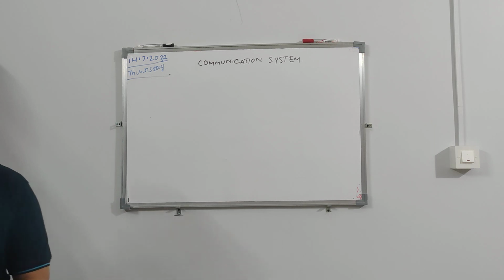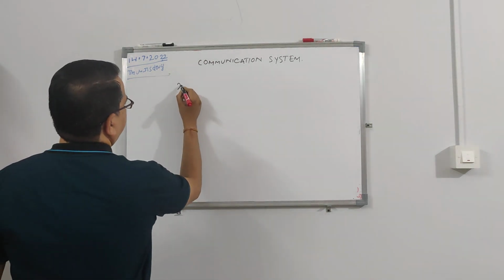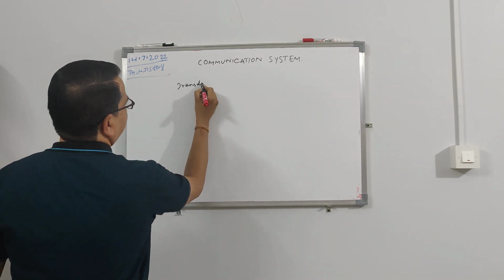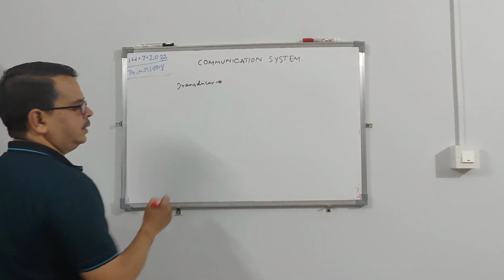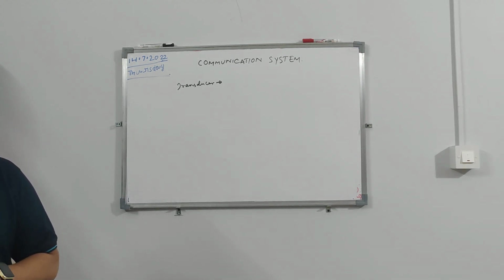Now we'll go to some of the terminology related to communication systems. There is something called a transducer. So what is a transducer? A device that converts one form of energy into another form is called a transducer.